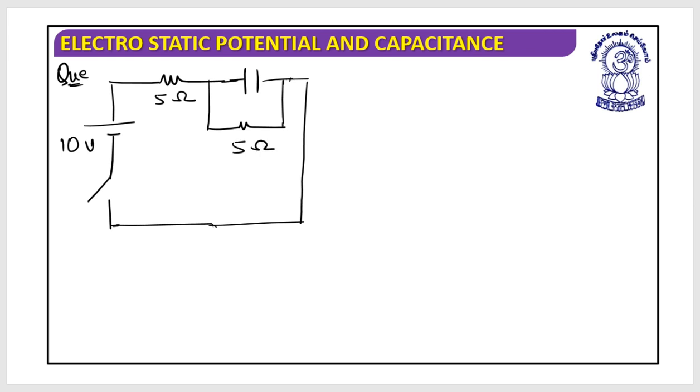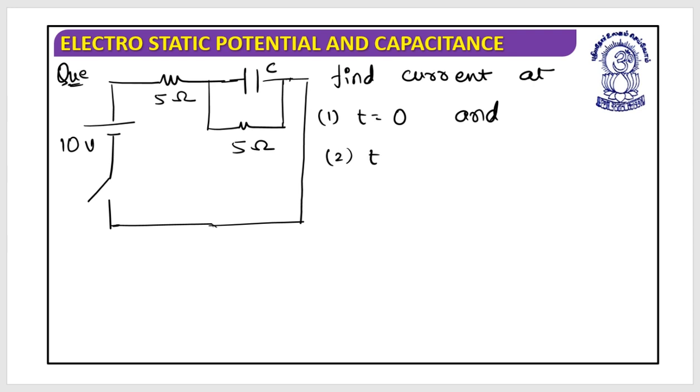This is a resistance of 5 ohm. This is the capacitor. And what do we require? We require to find the current at first t equals 0, and second t equals infinite. This is the situation, and this is our requirement, that I need to find the current at t equals 0 and t equals infinite.